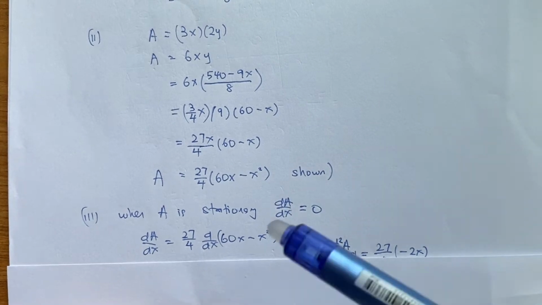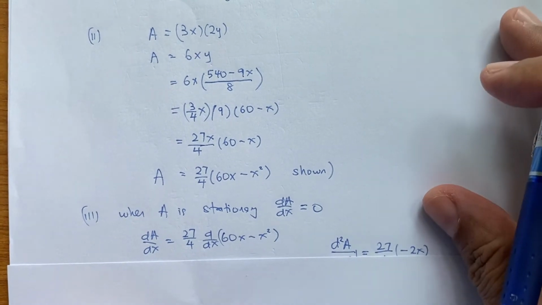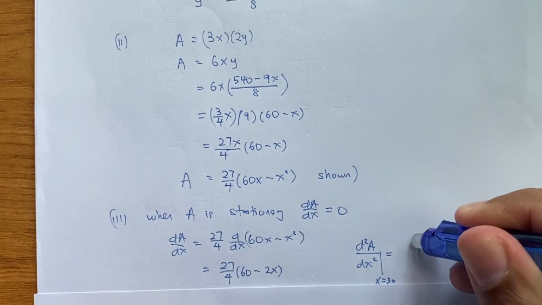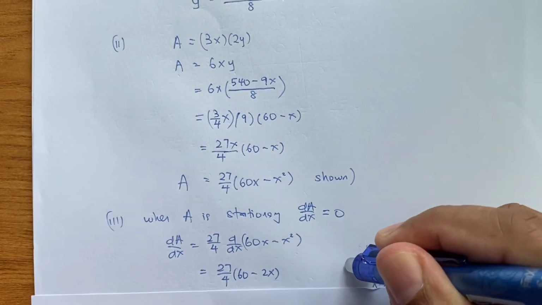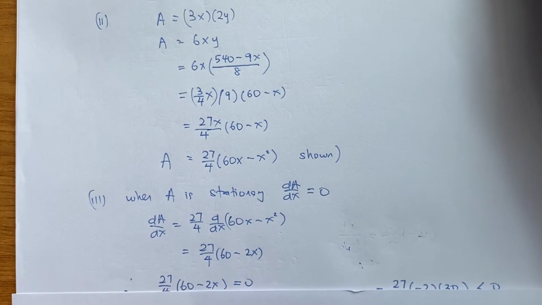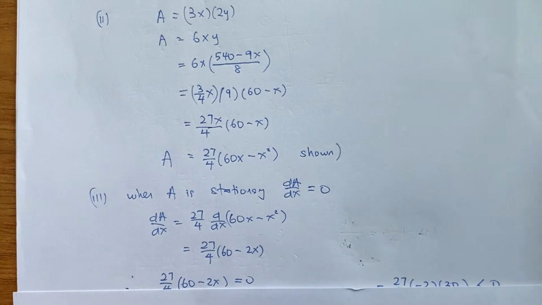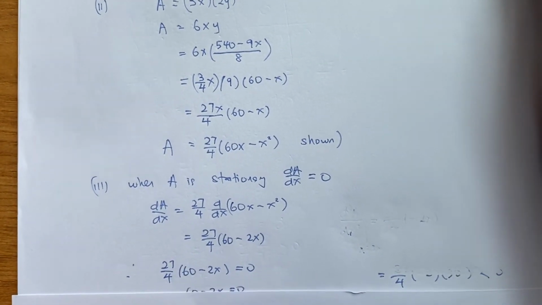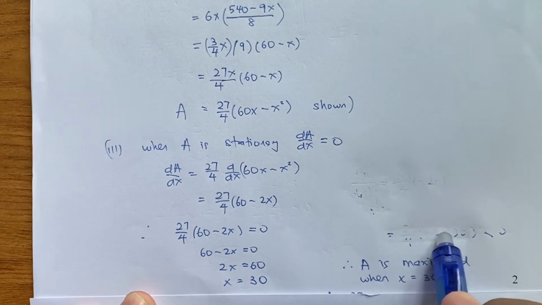When we differentiate this, we are going to get 60 minus 2x. Of course, when you set this to 0, you are going to get x equals 30. Am I right?